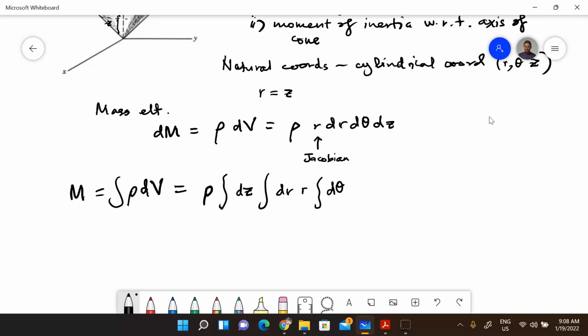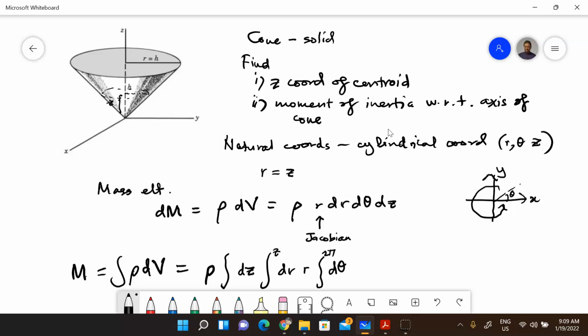Well, for theta it's obvious, it's the planar part. This is x and y here. So your theta is going from 0 to 2 pi. The r, what's the limit of that? That will go from 0 to z, because that depends on this picture.